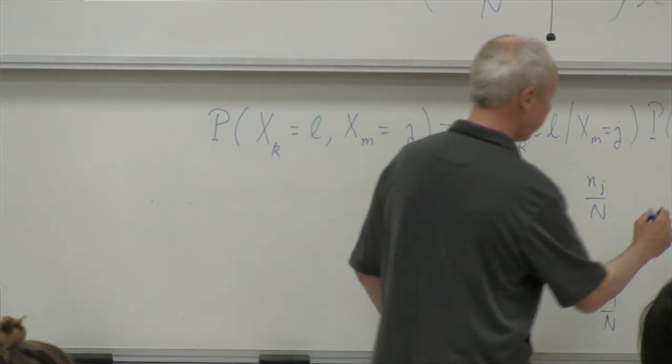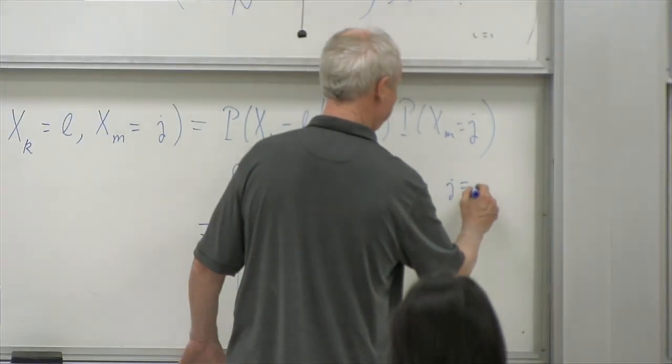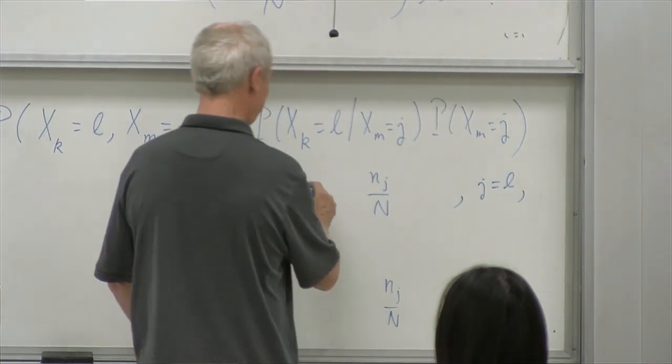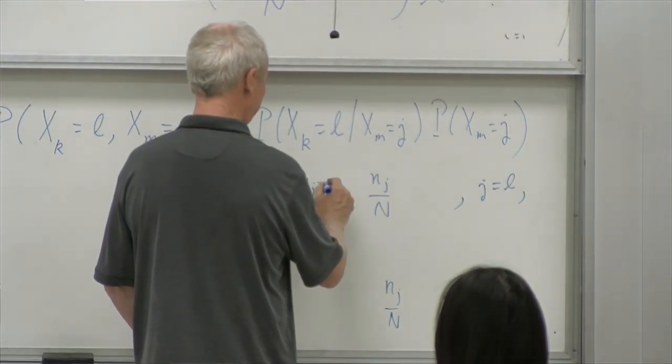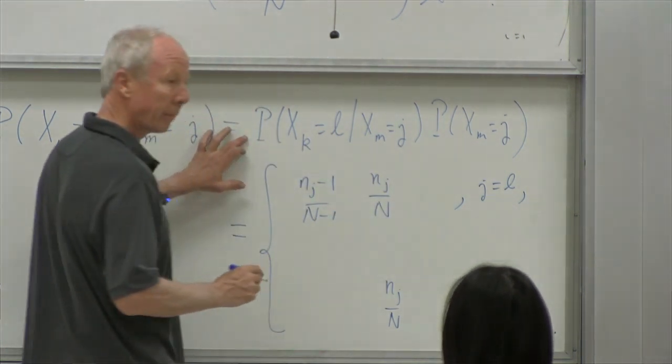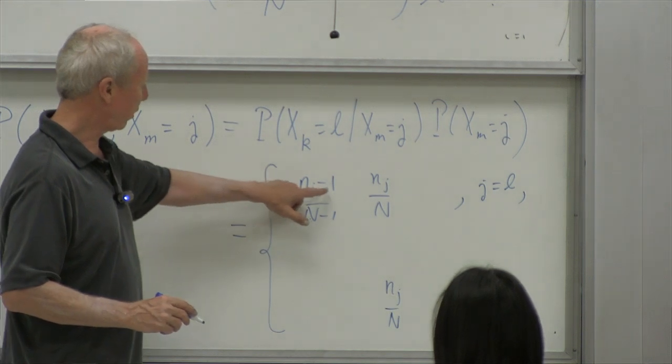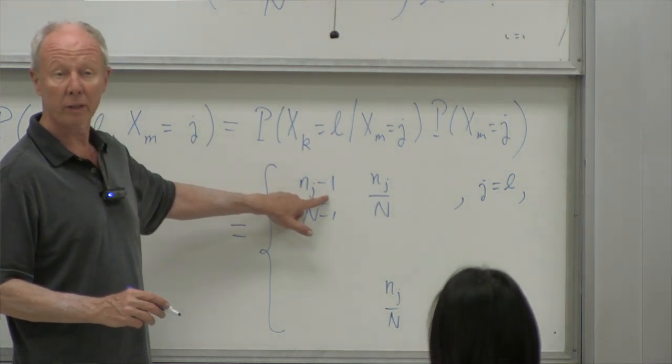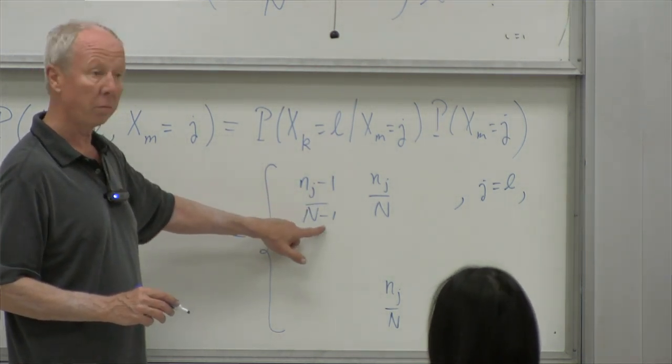So if j is equal to L, I would get n sub j minus 1 over capital N minus 1 for this conditional probability, because I have one fewer individual remaining with opinion j and one fewer member of the population.